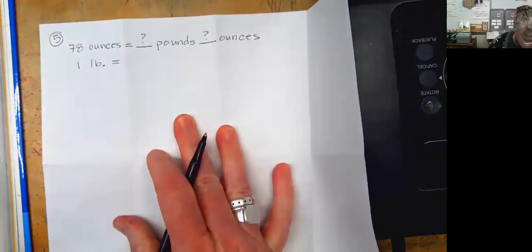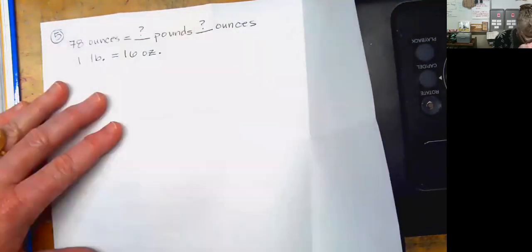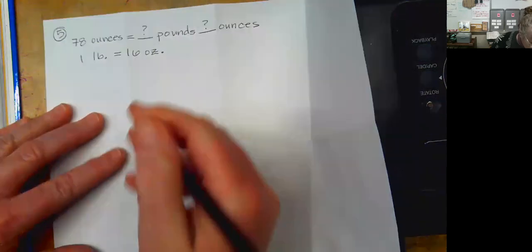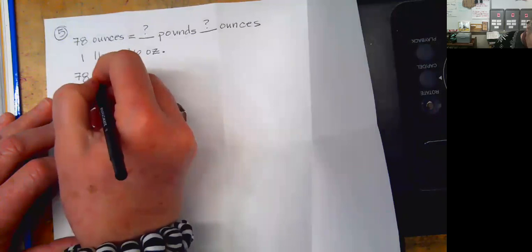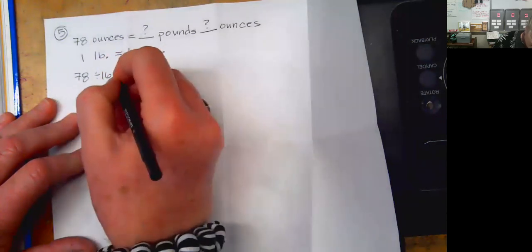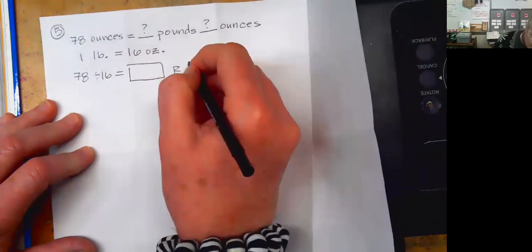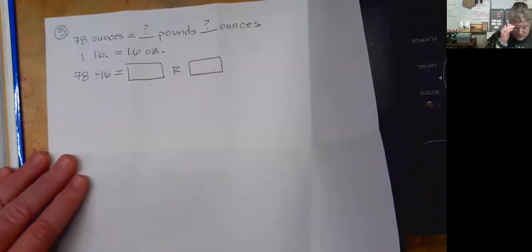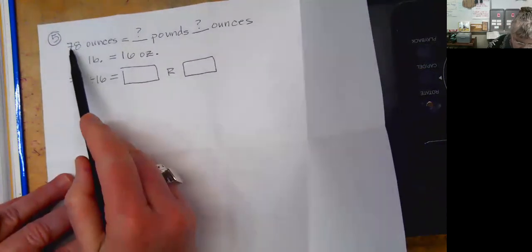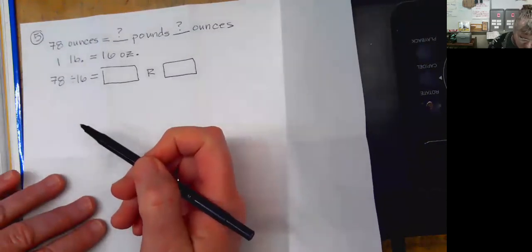Well, I'm looking back on my chart, and 1 pound equals 16 ounces. Okay, so if I know that 1 pound equals 16 ounces, now I'm going to take 78 divided by 16, and that's going to tell me green box, remainder, green box. Okay, so I'm just using a division problem because this is going from smaller to larger, right?